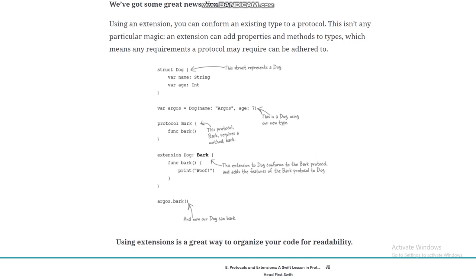Suppose that these Dog structs were created in 2018, as I mentioned, and you don't know who implemented them. When you arrive at the project, the Dog was already there. So you have the Dog struct and you also have the values that you have here.